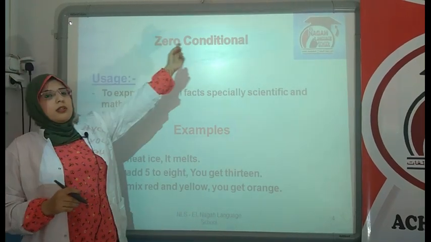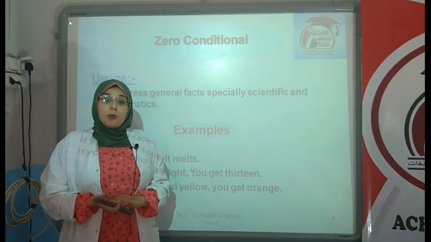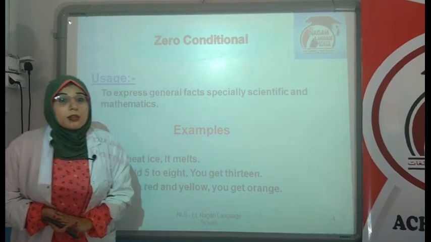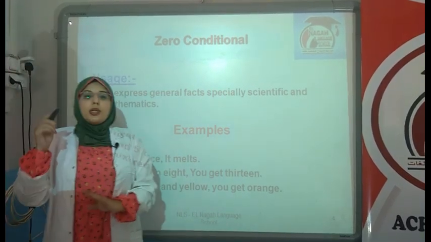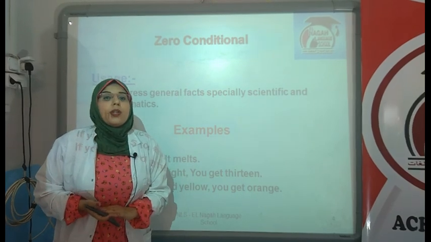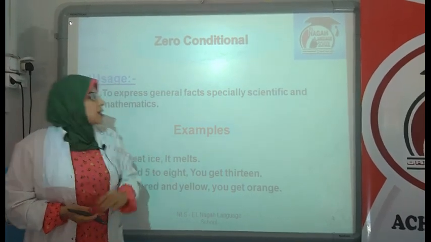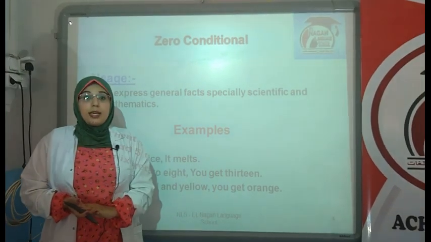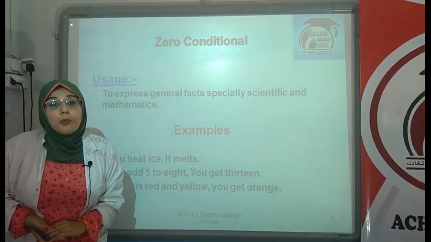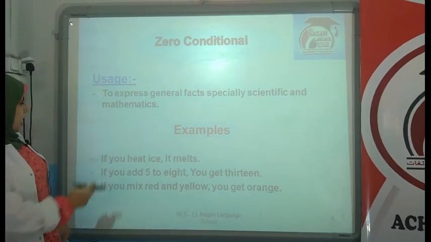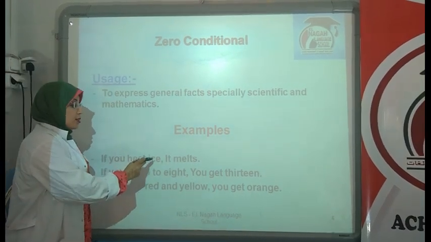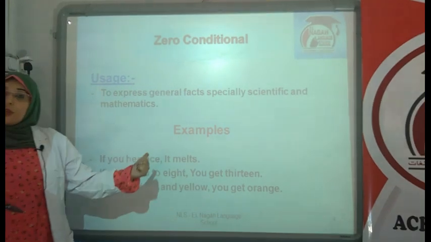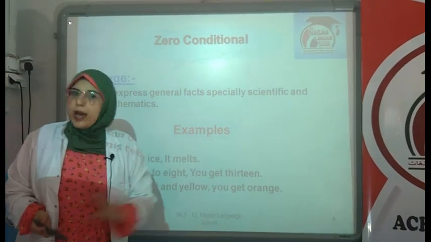Okay, 0 conditional. Do you know when we use it? Yes, excellent. We use it to express general facts, especially scientific and mathematical ones. Okay, let's take some examples. If you heat ice, it melts. Sure, it's a scientific fact.